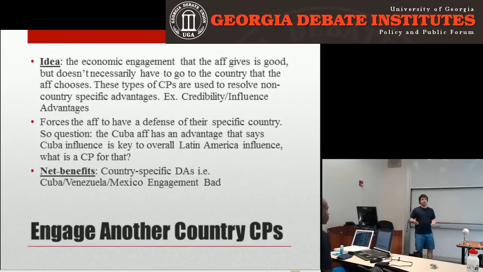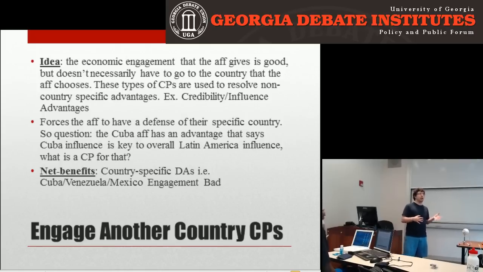And so that makes a little bit of sense. That could be like a Mexico or Venezuela, but it can also be any other Latin American country that's not focused on the topic, right? So, yeah, that makes intuitive sense that the net benefits would be whatever country the 1AC chose, you have to have a disad to why that country is bad.